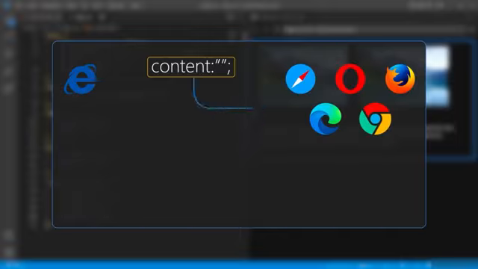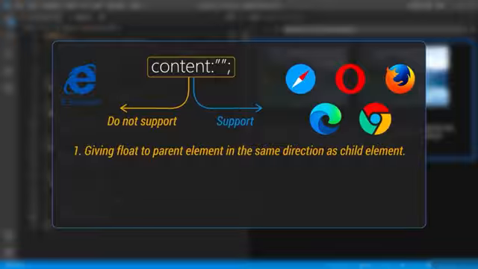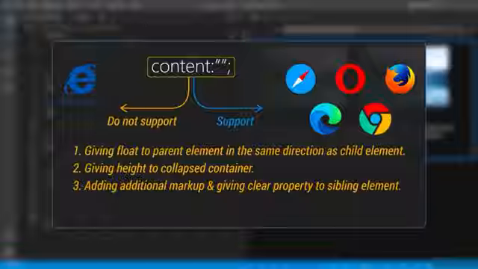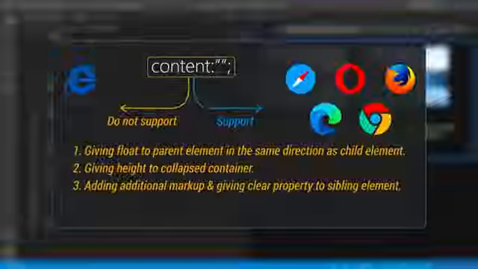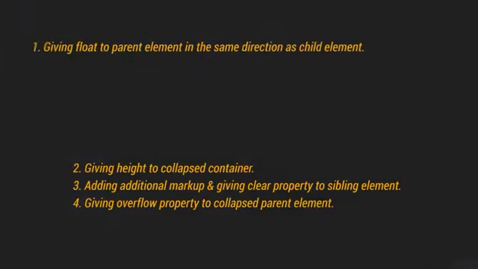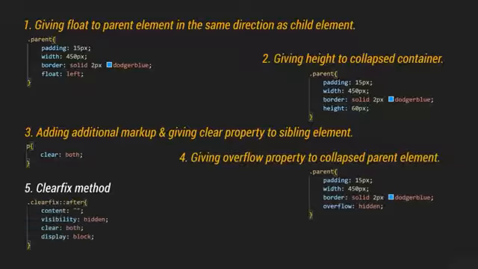To be specific, browsers less than the IE8 versions, you will have to go with the older approaches which we saw in previous lectures, like floating the container element in the same direction as child or defining height in the collapsed container or adding additional markup inside the HTML, then applying clear property to it or giving overflow property inside the collapsed parent container, etc. There are still various ways to perform clearfix, but that depends on what kind of situation you are dealing with, but this approach is quite popular and easy to use.